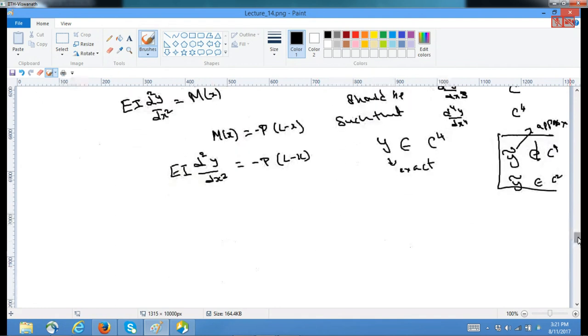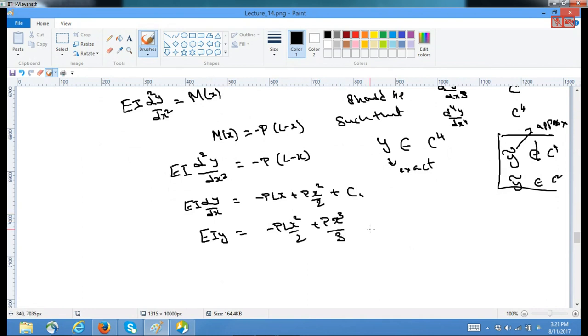Now I will try to integrate it. If I integrate it once, EI dy by dx is equal to minus PLx plus Px square by 2 plus c1. Similarly, if I integrate it again, then it will become EI y equals minus PL x square by 2 plus P x cube by 6 plus c1 x plus c2.